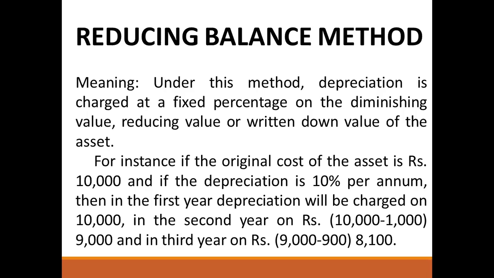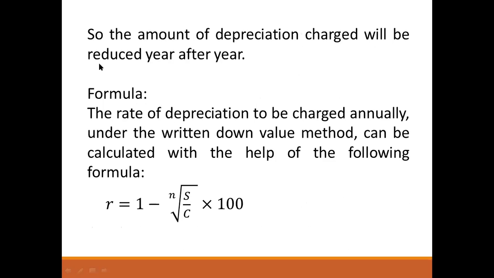For instance, if the original cost of the asset is rupees 10,000 and the depreciation is 10% per annum, then in the first year depreciation will be charged on 10,000, in the second year on rupees 10,000 minus 1,000, so 9,000, and in the third year on rupees 9,000 minus 900, so 8,100. So the amount of depreciation charged will be reduced year after year.